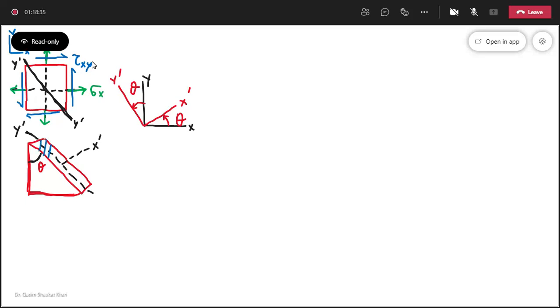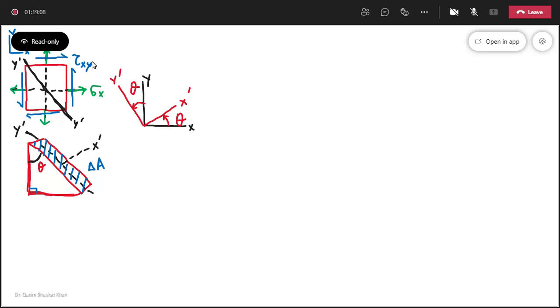The area of this face is delta A. Then we want to know the component of the area along this y-axis and the component of the area along the x-axis.